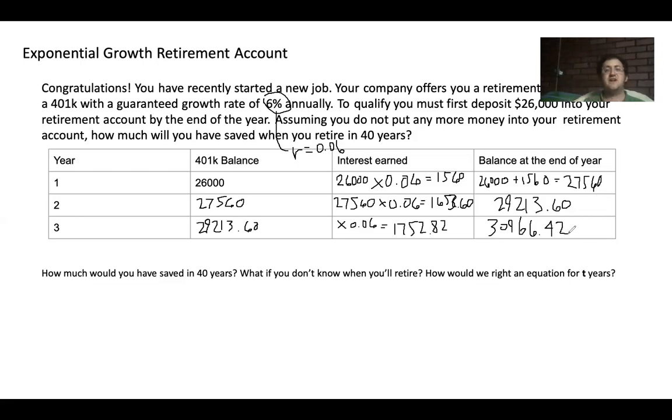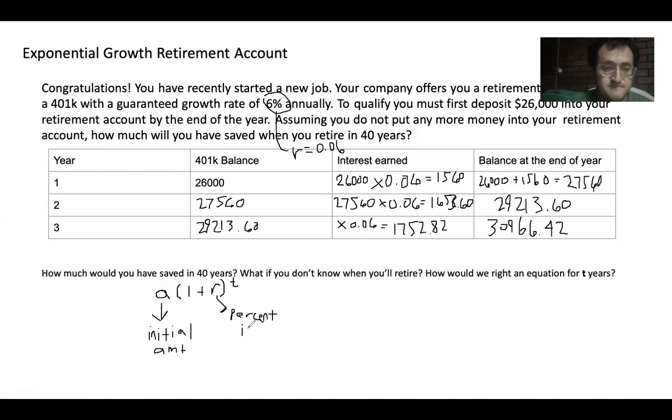And this creates a general formula here. We don't want to do this 40 times, but we can say that our general formula is equal to A times 1 plus R to the T, where A is the initial amount, R is the interest rate or percent rate in decimal form, and T is time.